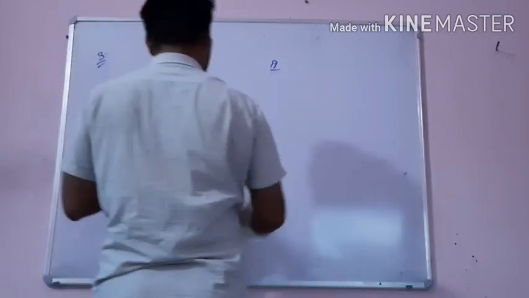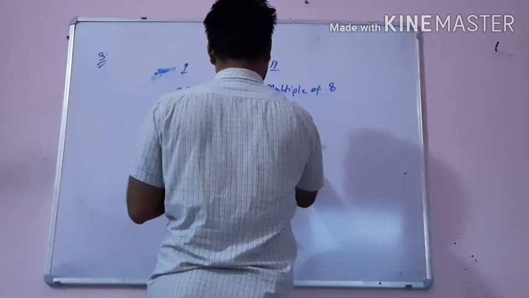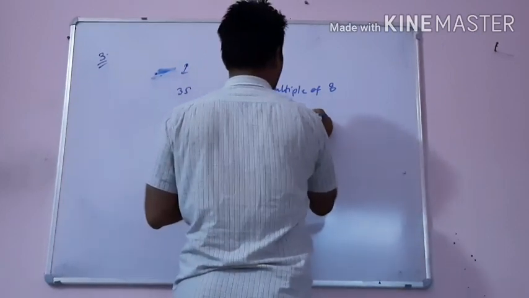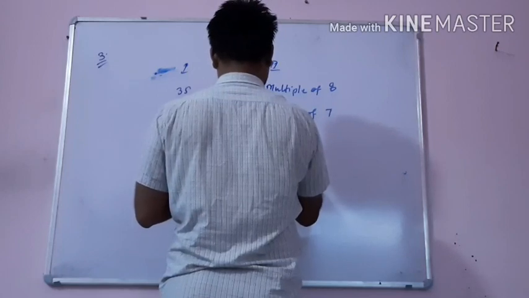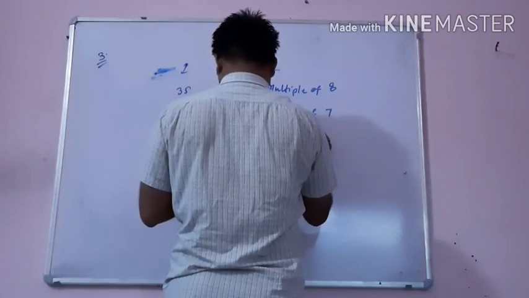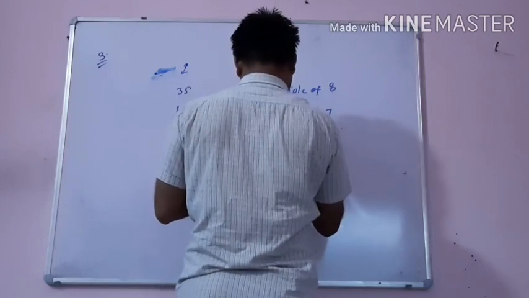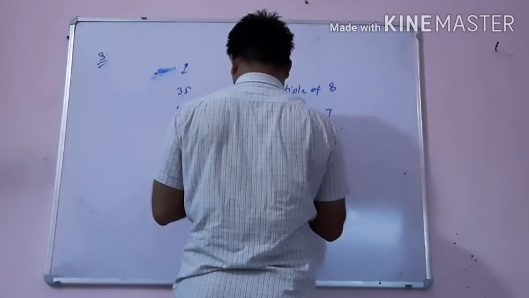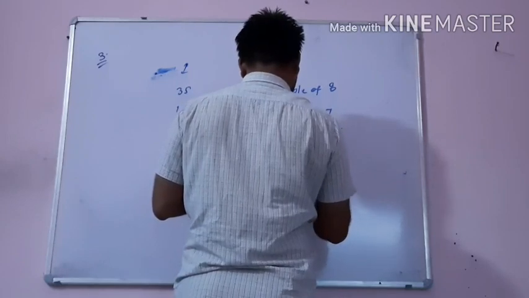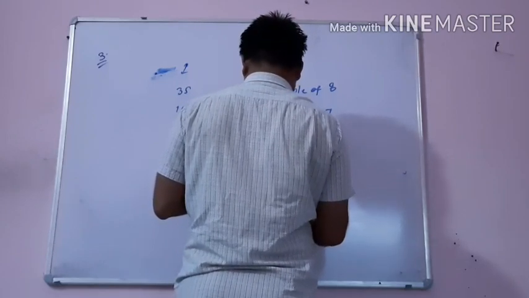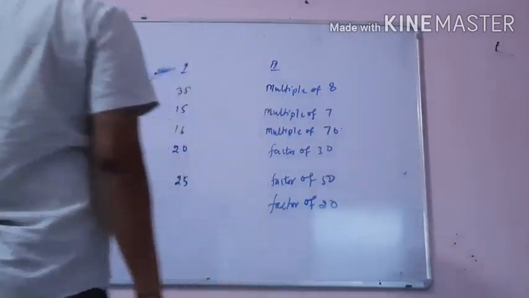And the items are: multiple of 8, multiple of 7, multiple of 70, factor of 30, factor of 50, factor of 20. Now match the items in column 1 with the items in column 2.